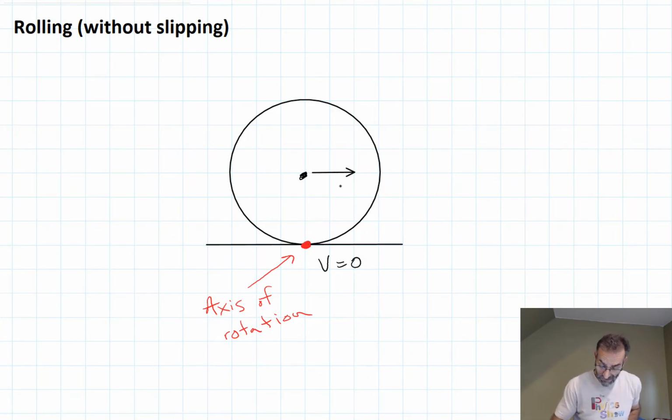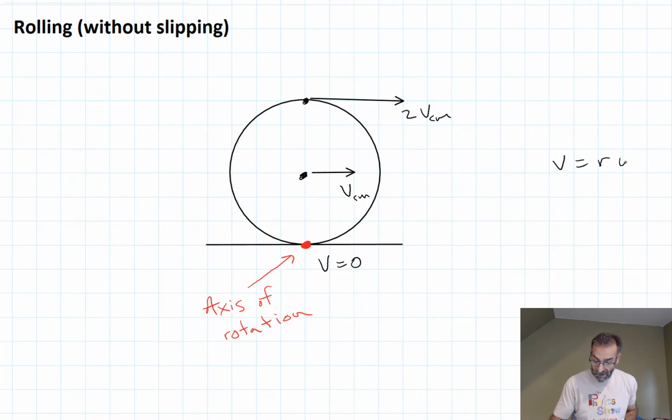I'll call it V center of mass because that's the center of mass of the wheel. And a point up here at the top of the wheel is moving with how much speed? Twice as much as the center of mass, because it's twice as far away from the axis of rotation. Remember, V is equal to R omega, as we saw in the previous video.